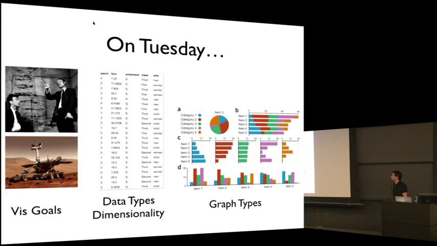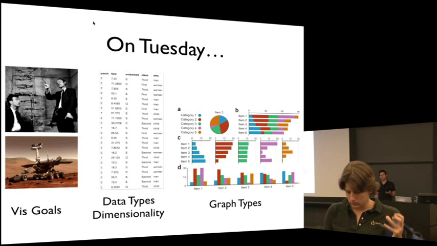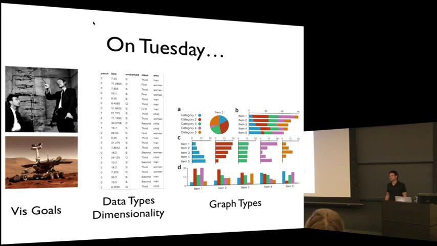Okay, so last time we talked about the different goals of visualization. So we talked about presentation and communication, which is very different from exploratory and confirmatory analysis. In communication, it's just about telling something you already know, and exploratory data analysis is really finding something that is new for you.